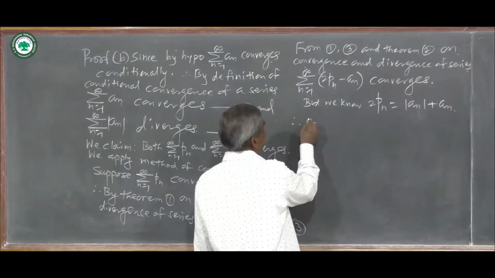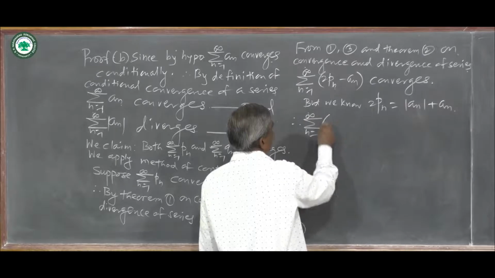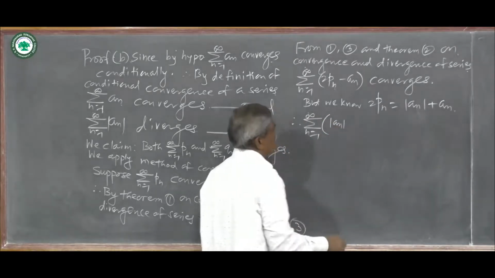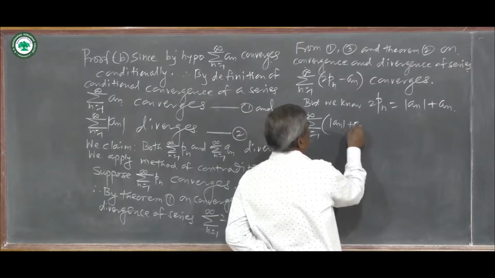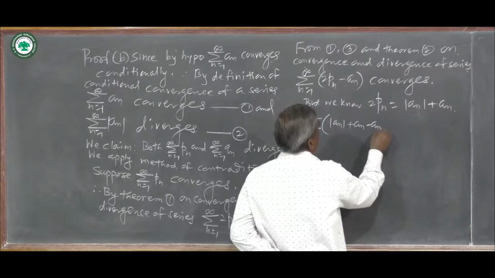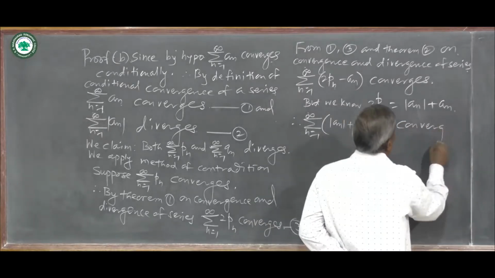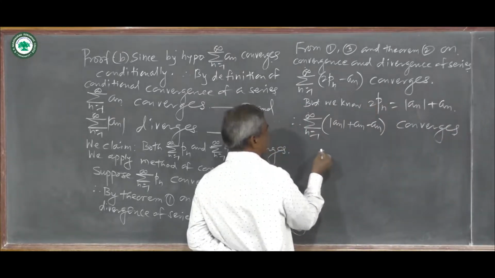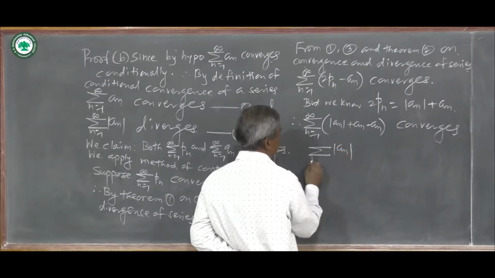Therefore, summation n is equal to 1 to infinity mod an plus an minus an converges. That is, sigma mod an converges.